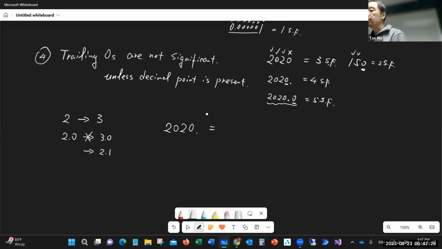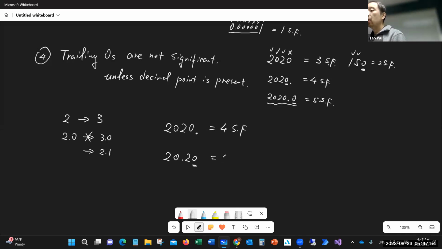20.0 means 4 sig figs, but it doesn't mean you always have 1 decimal after the numbers. If the decimal is in between the numbers, it also counts. It really doesn't matter where the decimal shows, but once you have a decimal, all of the trailing 0s will be significant.